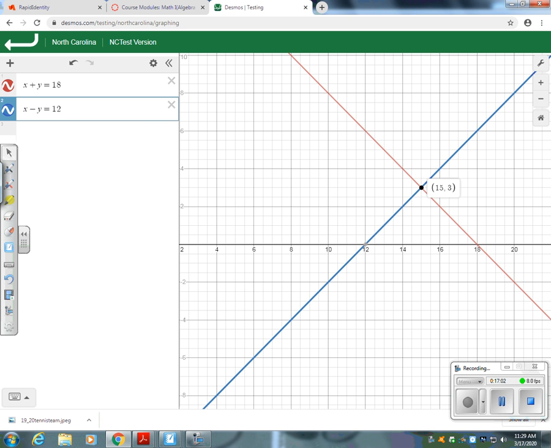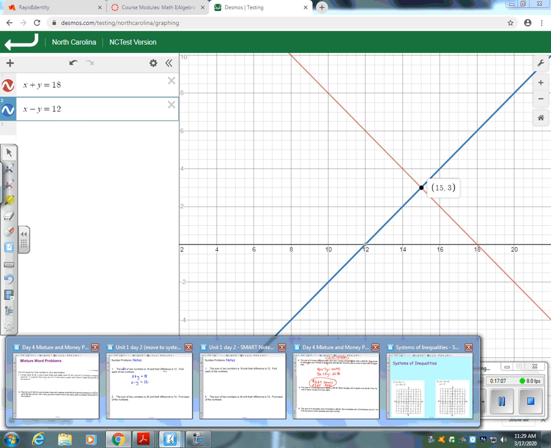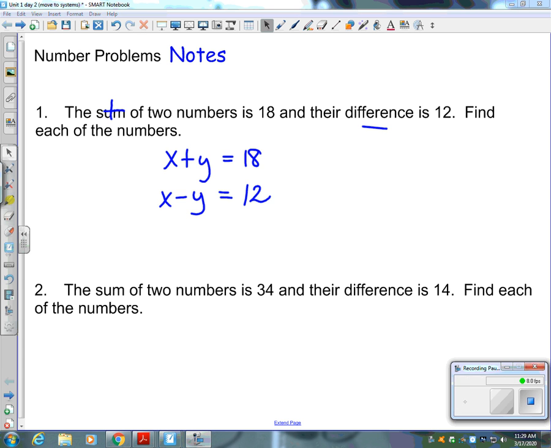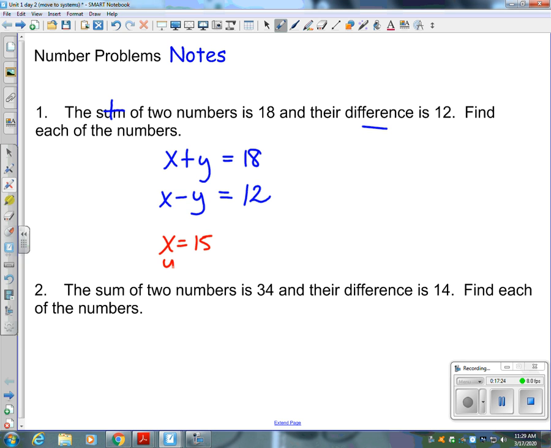So I'm looking at my x being 15 and my y being 3. These are a little bit easier to check. One number is going to be 15, and the other number, which is y, is going to be 3. So 15 plus 3 is equal to 18, and 15 minus 3 is equal to 12, and it checks out.